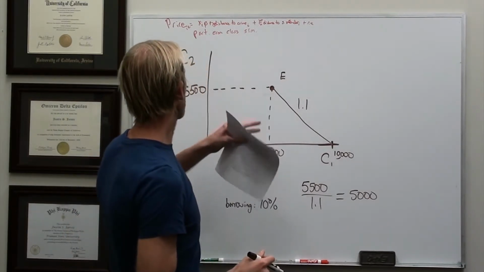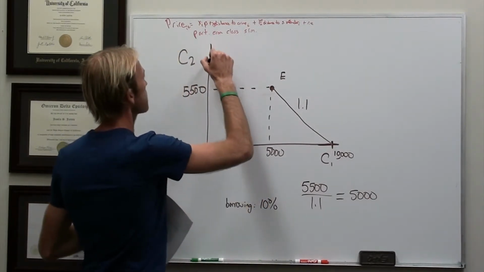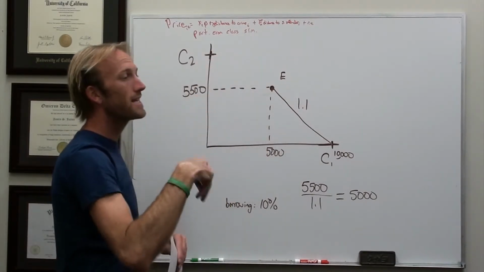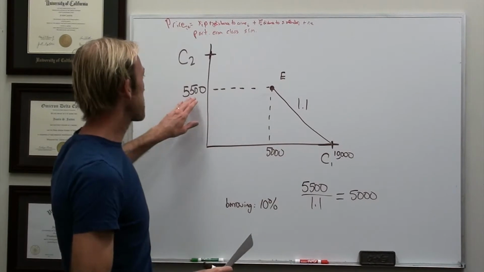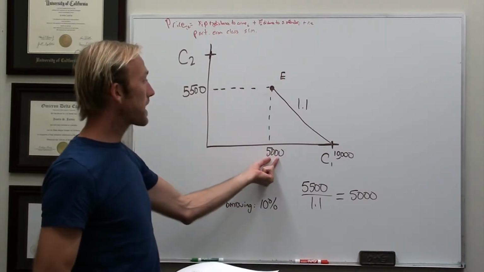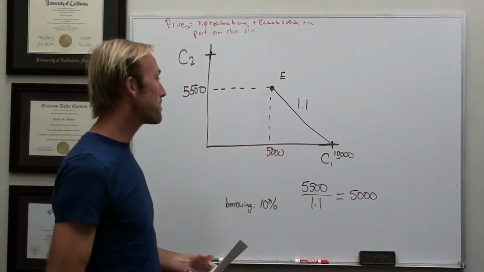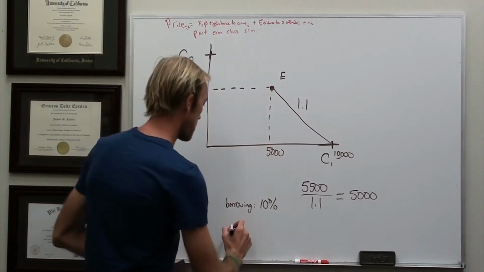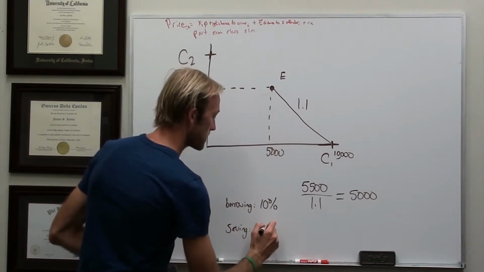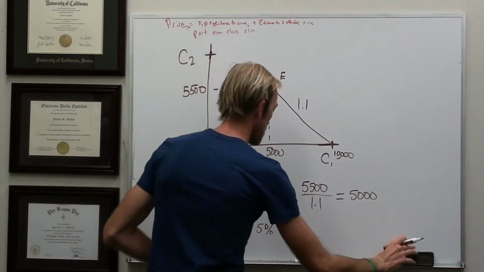Alright, now on the flip side, let me ask what would be the maximum amount I would consume next period. Well, next period I'm earning $5,500 plus the amount of money I could put in the bank. So if I put all $5,000 in the bank, then my savings interest rate is 5%.